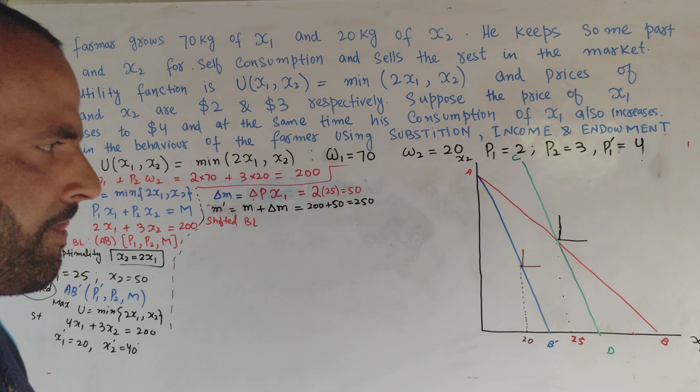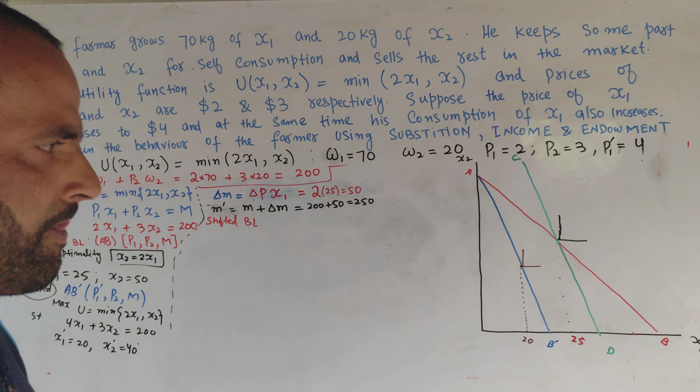So the shifted budget line CD will be a function of the new price, that is P1 prime; the price of good 2 is the same, and the income of the consumer has changed. Now we need to do the same operation, that is, maximize U equal to minimum of 2x1 comma x2 subject to the new budget constraint.